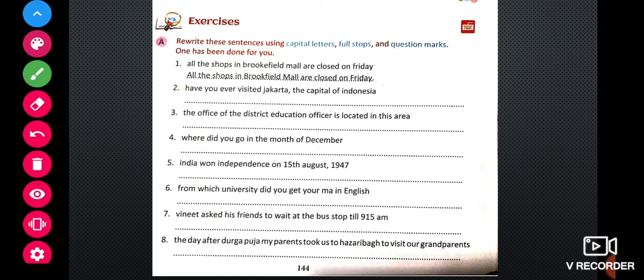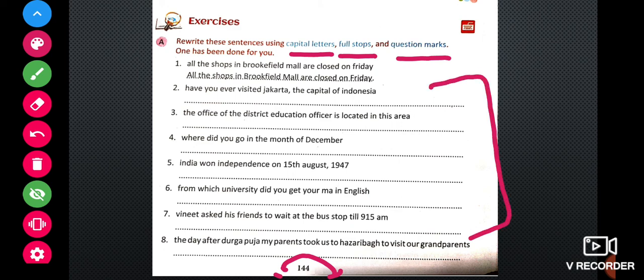Now these are some of the exercises. So in this exercise, which is given on page number 144 of your grammar textbook, you have to rewrite the sentences using capital letters, full stops and question marks. So I think this is going to be quite easy for you.